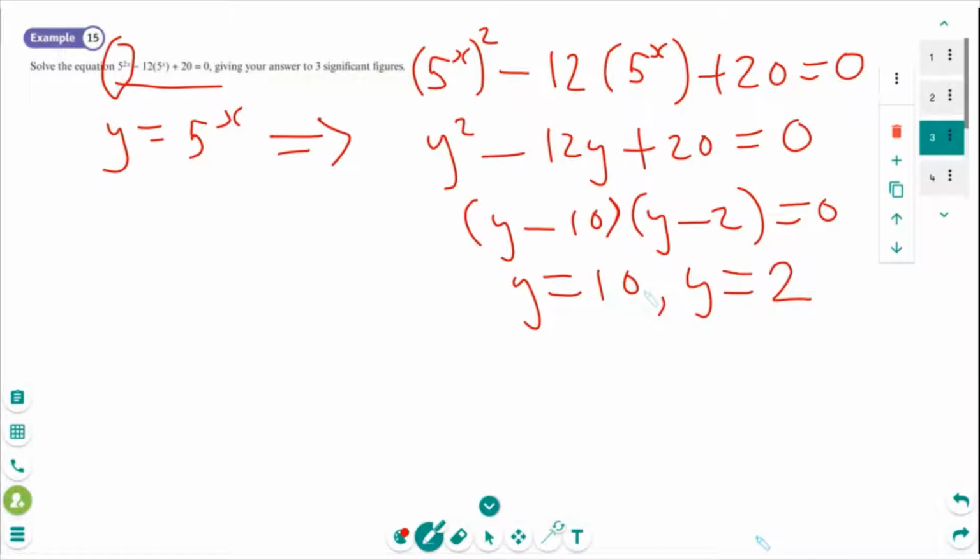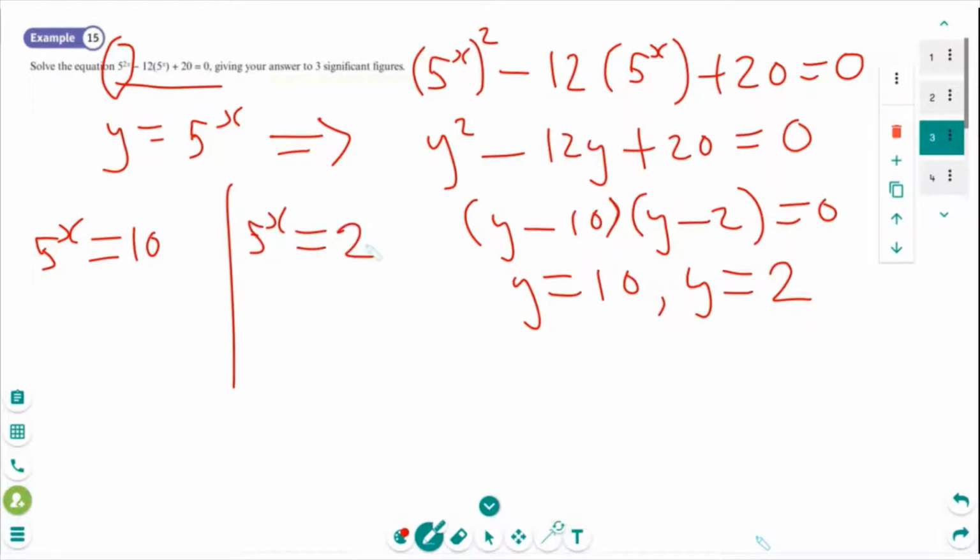The question says you've got to solve the equation in terms of x. So you've got 2 cases. First case, 5 to the x equals 10. And the second case, 5 to the x equals 2.